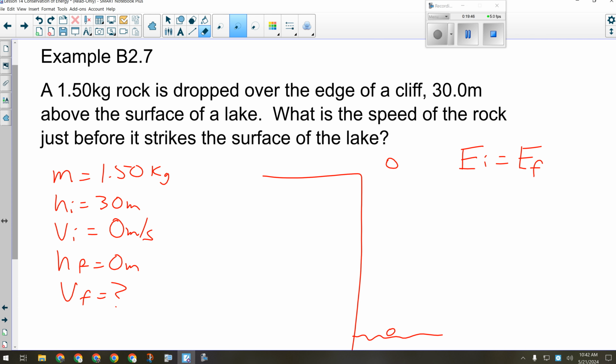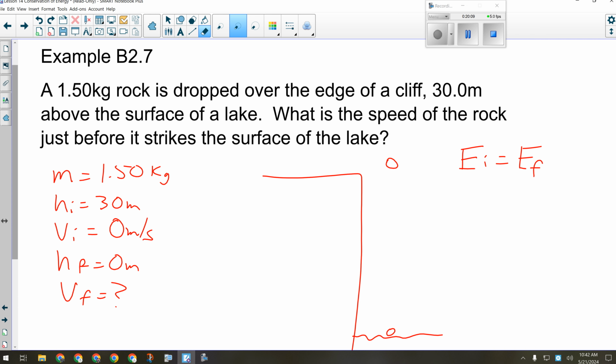The energy isn't changing, but the rock is going to fall. The height of the rock changes, the speed of the rock changes. When either one of those changes, something's got to give, right? Like we've got energy changing. But what's happening here is one type of energy is changing into another.